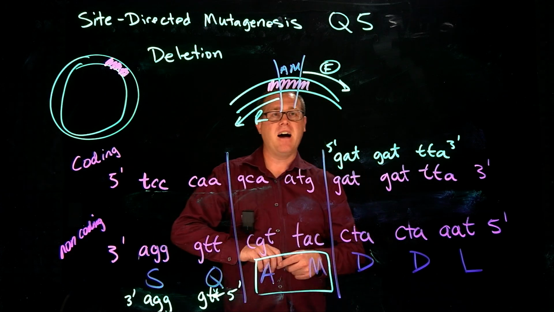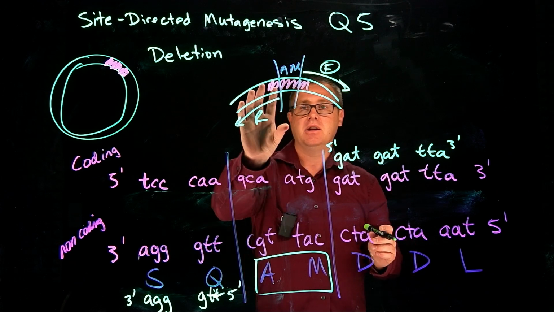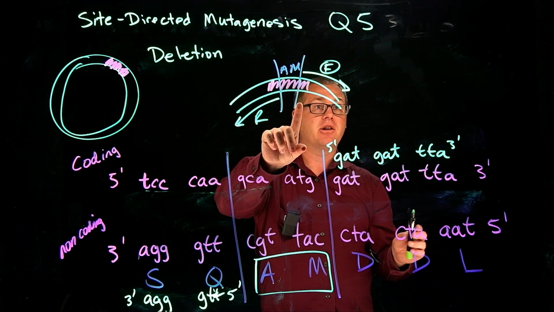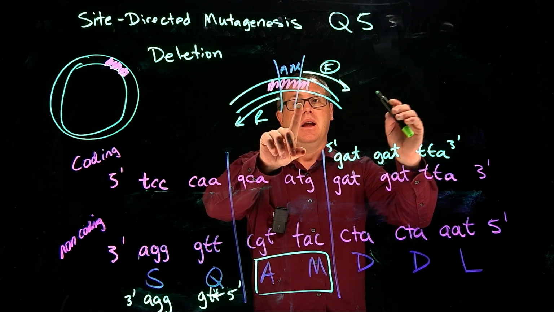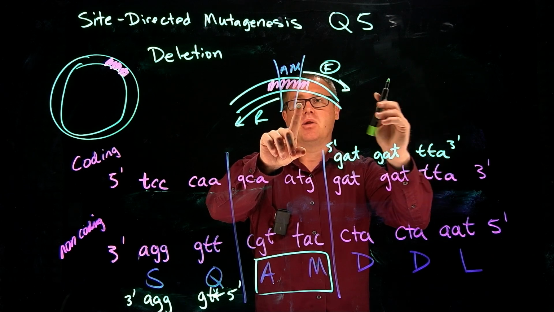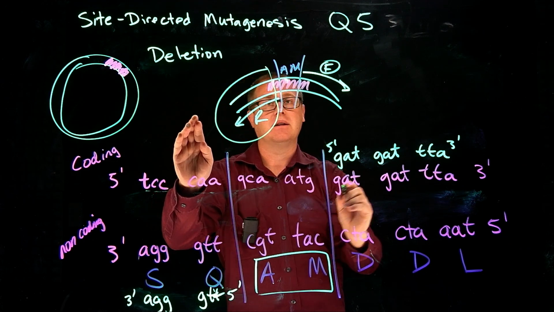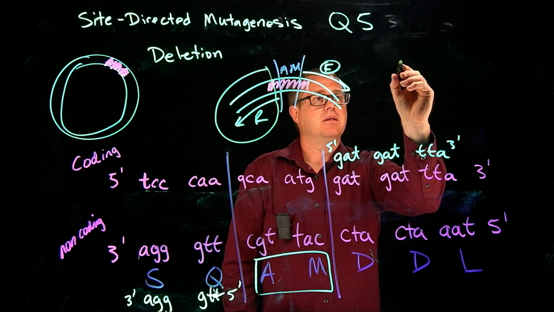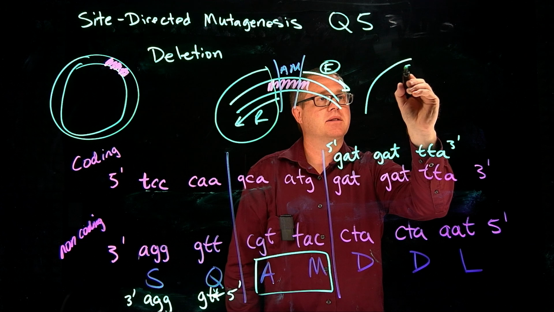So what's going to happen is after you do the PCR reaction, your circular plasmid is now going to be a linear piece of DNA, right? So you're going to have this whole piece right here, okay? And let's just see, we'll have this piece right here.